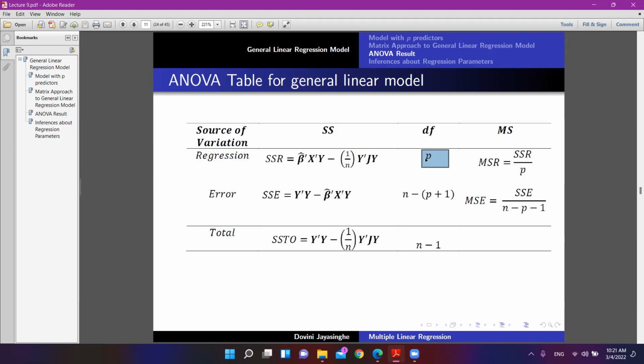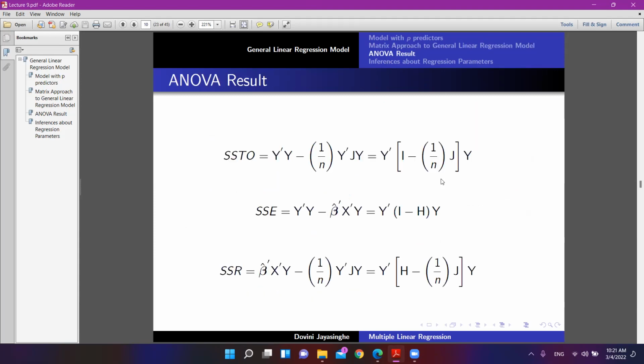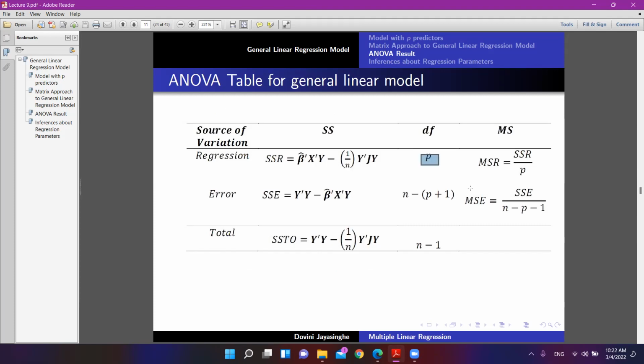In this model, you have p number of X's, X1 up to Xp. So degrees of freedom is p. In either simple linear regression or multiple linear regression, the degrees of freedom of total is going to be n minus 1. So this one minus this one will give you this one. When you expand this, you are getting n minus p minus 1. So n minus 1 minus p is this. So you have to remember this one and this one only.